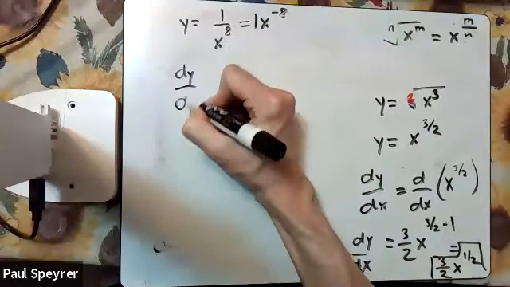This becomes negative 8, x to negative 8 minus 1. Watch the signs, right? Negative 8 minus 1, that's negative 9. There you go. That's your derivative. So if you have fractions where your x is in the denominator, you just bring them up by making the exponent negative, and then you can derive it from there.